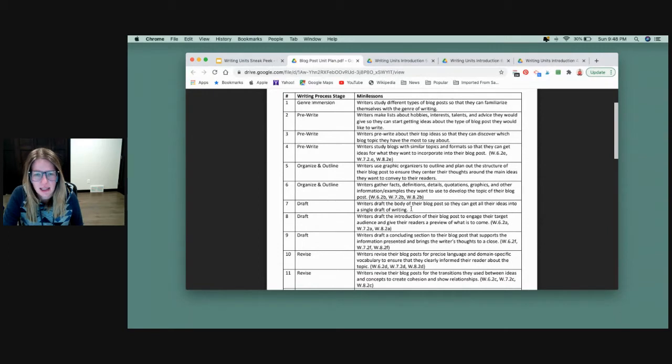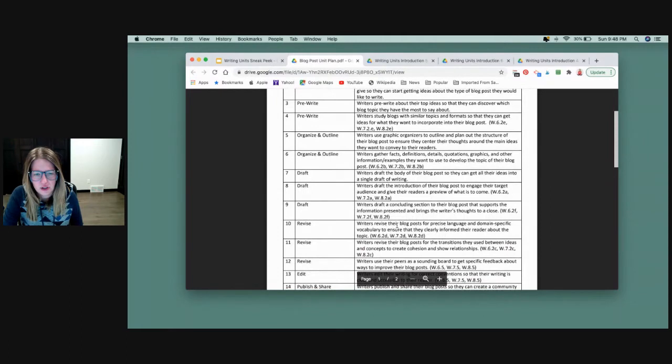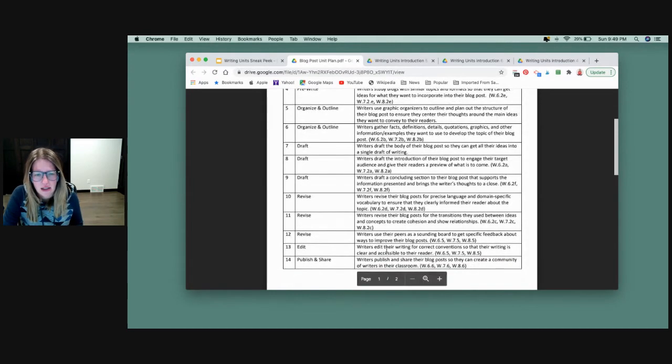They draft the body, and then they draft the introduction and then the conclusion. And then they go into a few revision mini lessons focused on different parts of the informative, explanatory standards. And then they do what's called a sounding board, where they read their blog post aloud to their classmates and give each other feedback. They do editing, and then finally they publish and share.